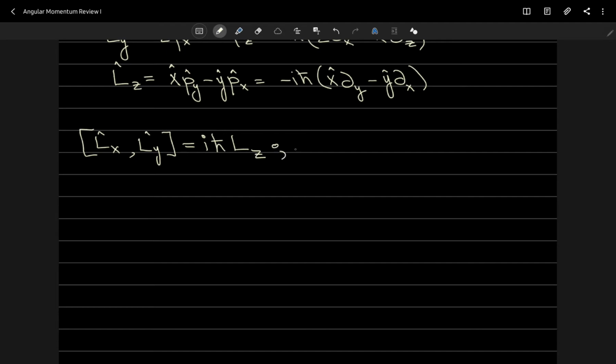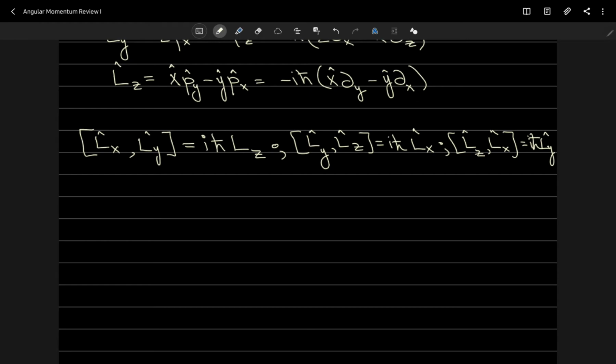And likewise for Ly and Lz, the commutator is iota h bar Lx, and for Lz and Lx, it is iota h bar Ly, right?